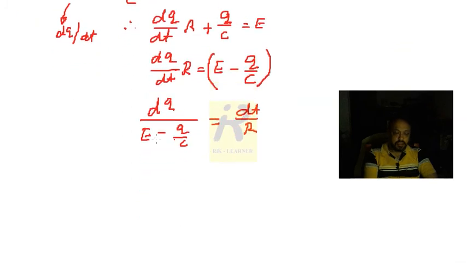Now, this dq is a very small amount of charge at any time t. Once we integrate this whole equation with respect to dq and dt on either side, we will get the total charge in the capacitor.